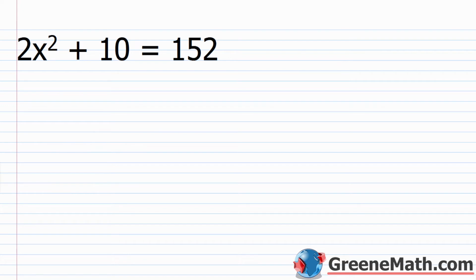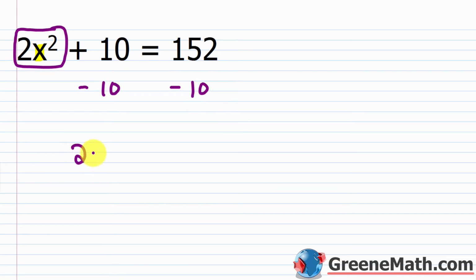So we have 2x squared plus 10 is equal to 152. So how do I solve this for my variable x? Just like when we worked with any other type of equation, we want to start by getting the variable term with x involved isolated on one side. So how do I do that? I just want to subtract 10 away from each side of the equation.